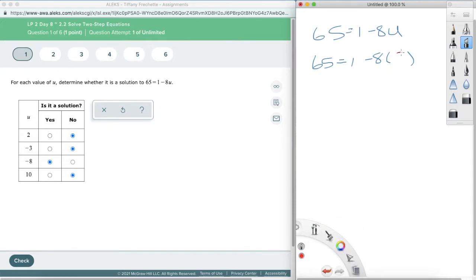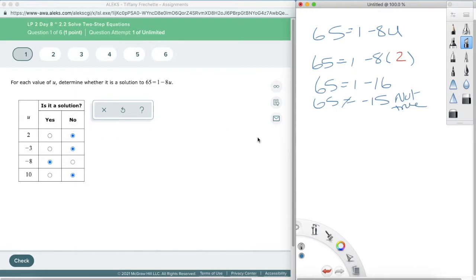And we want to see, does this side, when I plug in 2, does that equal 65? I'm just testing it out. That's the whole purpose here. So I'm going to go 65 equals 1 minus 8 times 2 is 16. 65 equals 1 minus 16 is negative 15. Nope, that's not true. So then I would click no for 2.